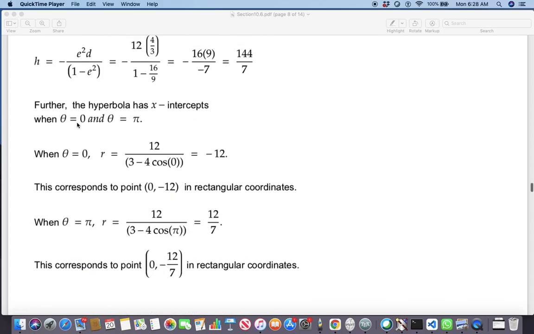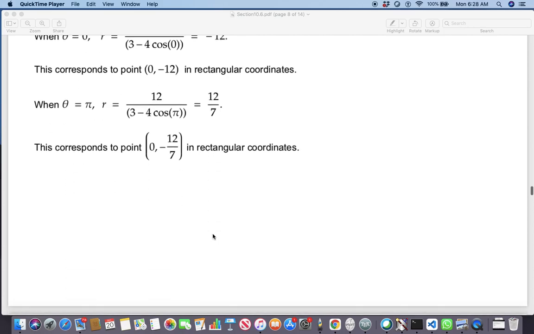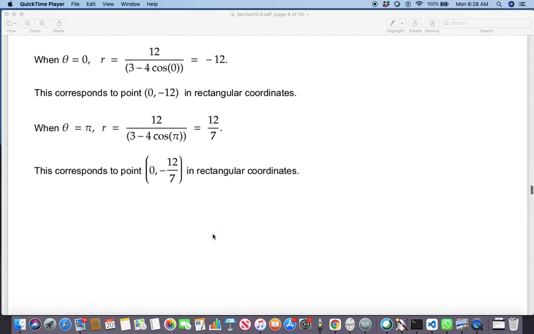Well, you have x-intercepts when theta is 0 and theta equals pi. Substituting in your polar equation, theta equals 0, that's one x-intercept, and theta equals pi gives you another x-intercept.